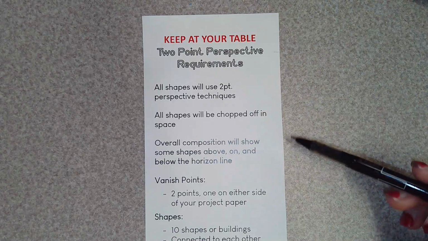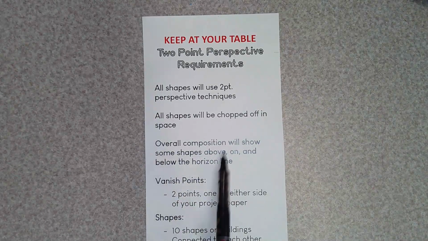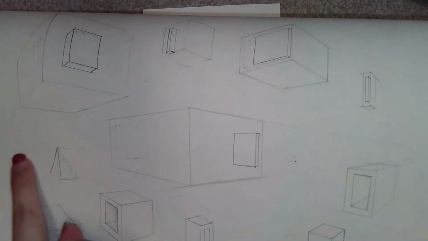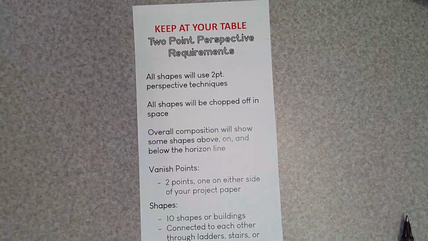Get rid of them. Make sure you are drawing very lightly. Overall composition will show shapes above, on, and below the horizon line. Okay, so when you draw out that horizon line, practice making some of those shapes on the horizon line, above it, and then below it. Okay, don't leave them all in the same plane.